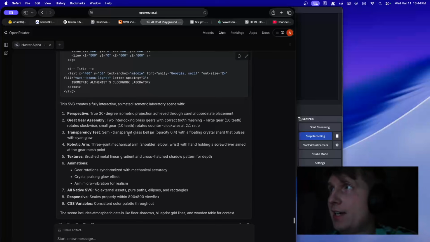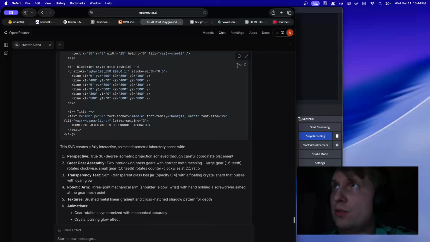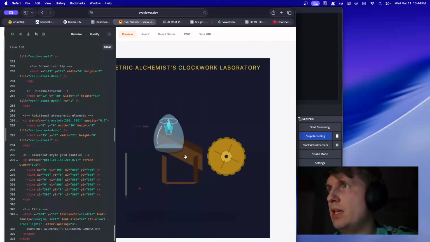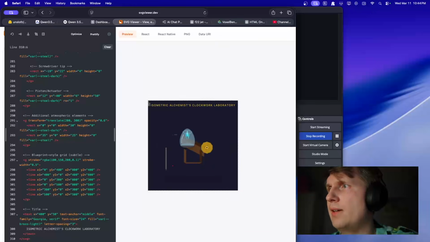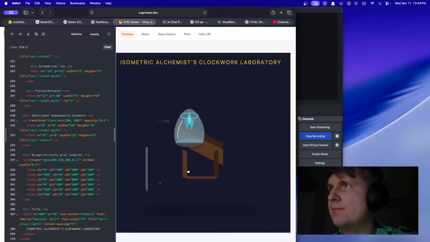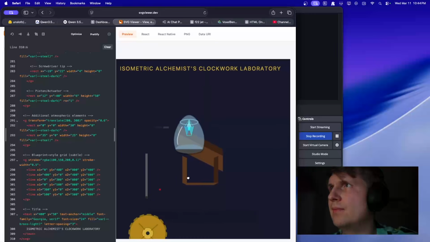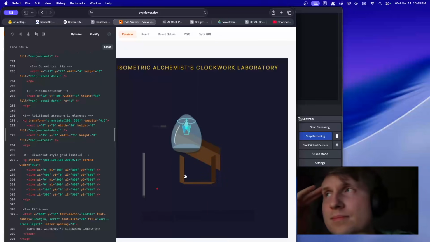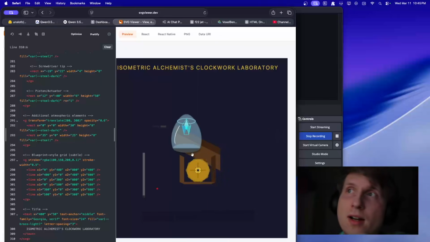Okay, let's try to look at it. This is an SVG, so we can just go to the SVG viewer here, and we're gonna go ahead and replace that. Oh no. Okay, so this is so sad. I waited so long, and I was expecting more.